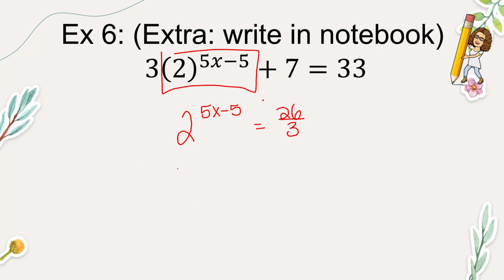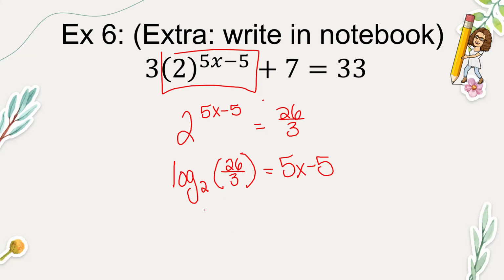So now I get to convert to a log. So log with a base of 2 of 26 over 3 equals 5x minus 5. So using my handy dandy calculator, again, either change of base or by using the math button, whichever one you need to use, I'm going to find the answer to the log spot there.